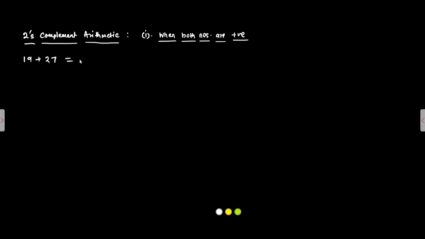First we have to represent 19 and 27 in terms of their binary equivalents. So we will be using 8-bit representation: 2 to the power 7, 6, 5, 4, 3, 2, 1 and 2 to the power 0.